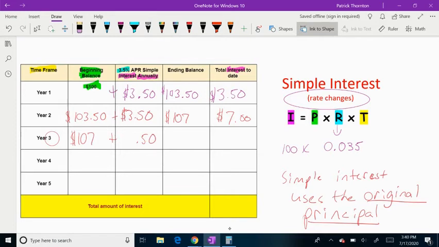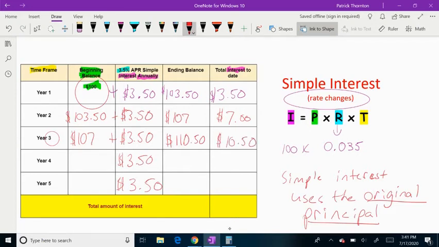Hang on 1 second. Got my numbers out of place here. I'm just going to go ahead and put my 350 all the way down because I'm always using the same principal. I'm using that $100 for each of these interest calculations. So now I just need to add across. That's $110.50.